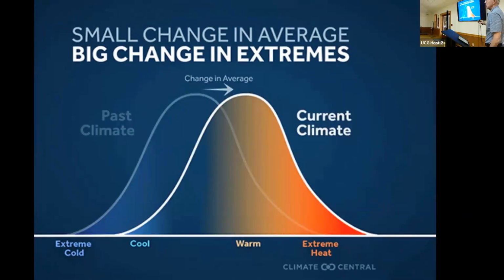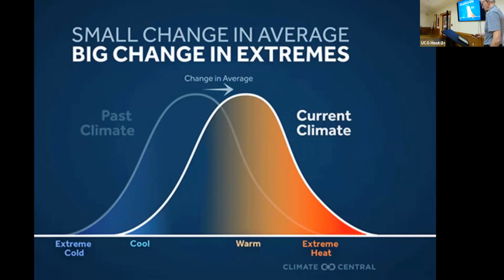Now, what we've experienced over the past 150 years is a shift of our climate. So now everything is shifted to the right. Everything is warmer. So you can see the red zone. You can look at the colors, and then the superimposed sine waves. And you can see what's happening.